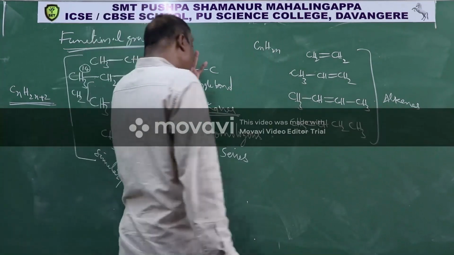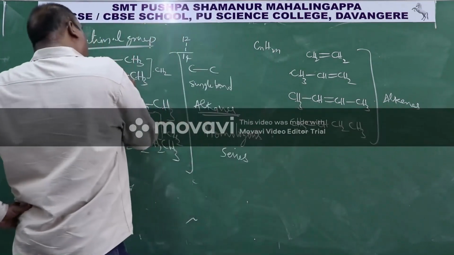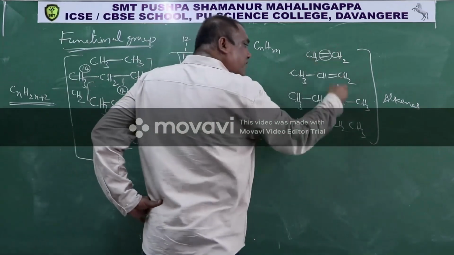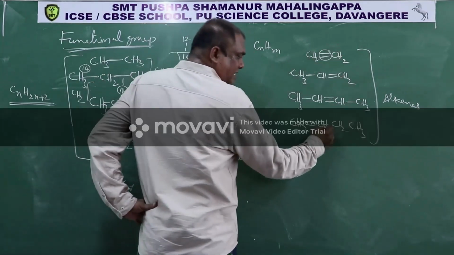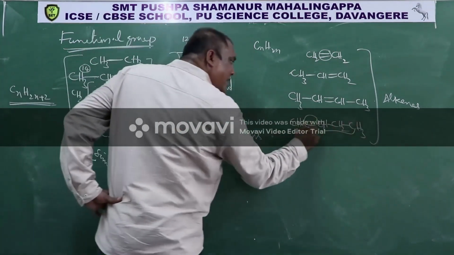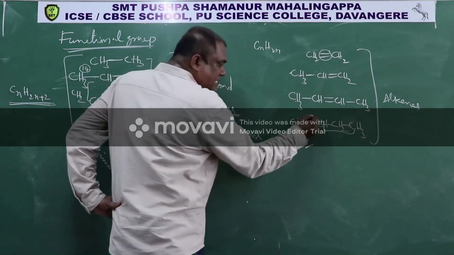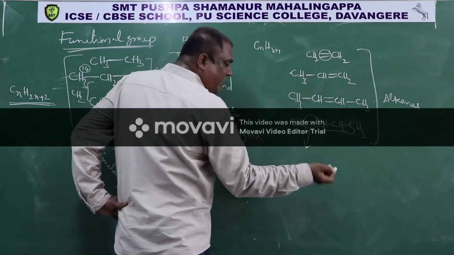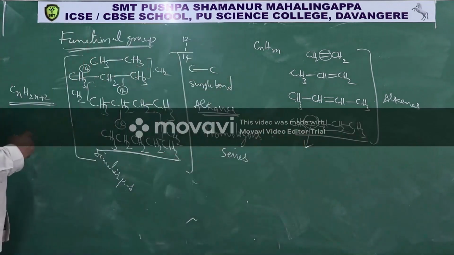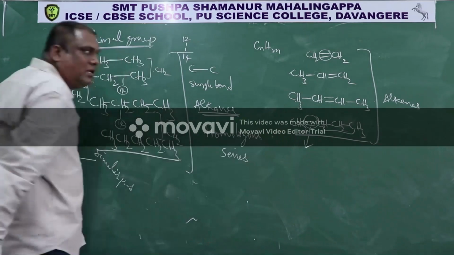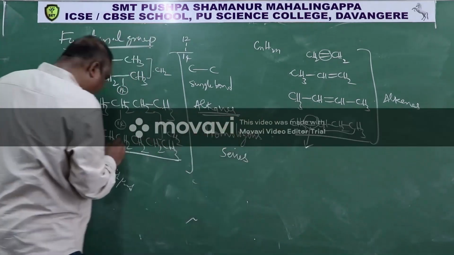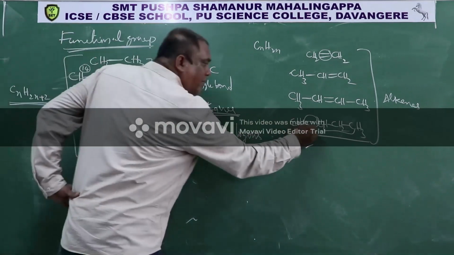Now these have one type of properties. Because of this double bond, these have another type of property. See, these are like alkanes, single bonds, everything like alkane, but here there is a double bond. This double bond makes its nature different. This compound is the same as this one, but here there is a single bond and here a double bond.